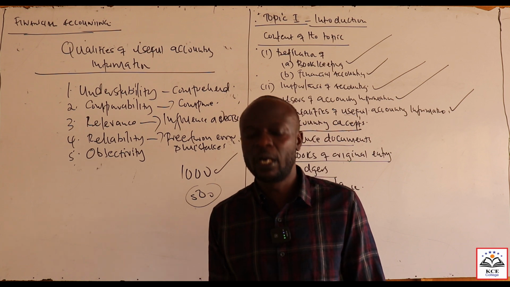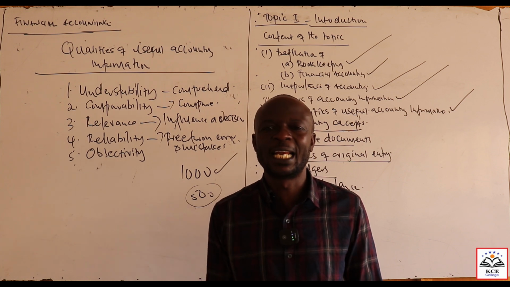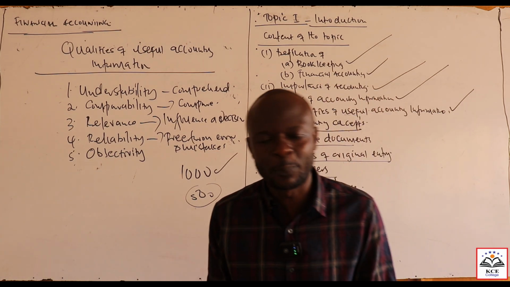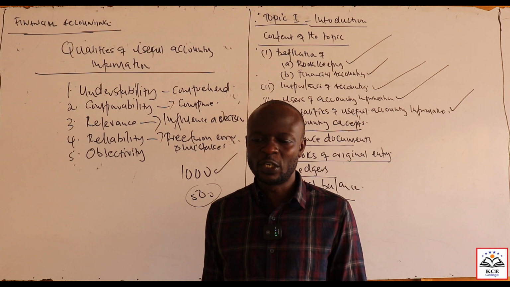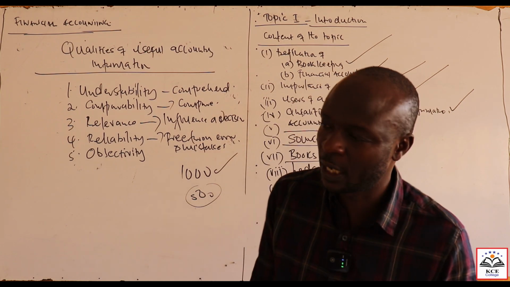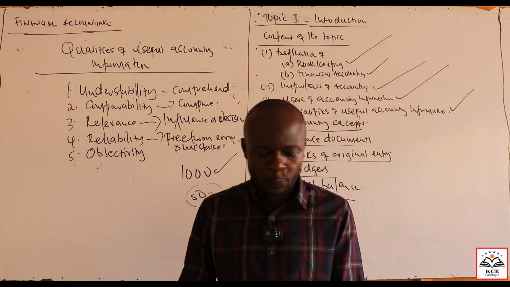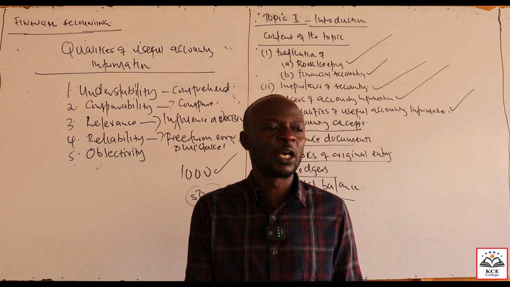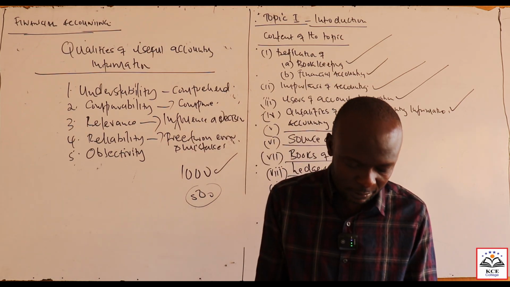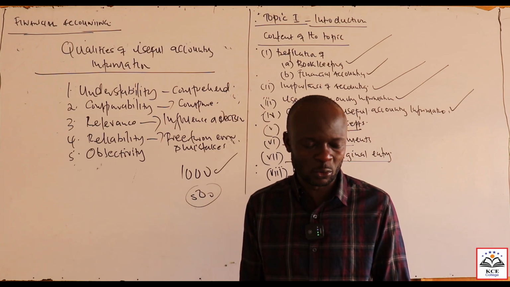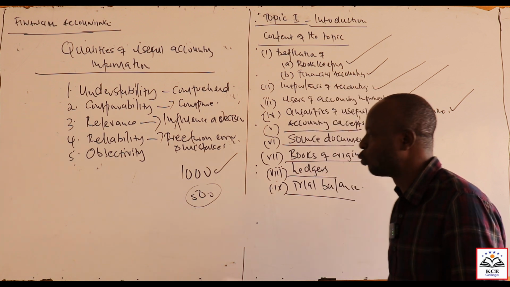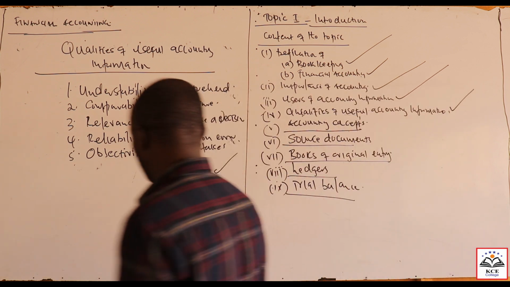For example, you are told that they made sales of a particular amount. Now when you want to see the supporting documents, you're told that it was erroneous. When you keep on interrogating other figures, you are also told they are not properly captured; they are erroneous also. So you see that will bring the reliability of that particular information into question. That is what we mean by reliability.